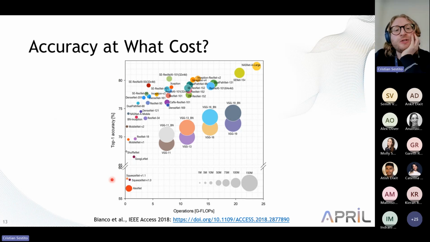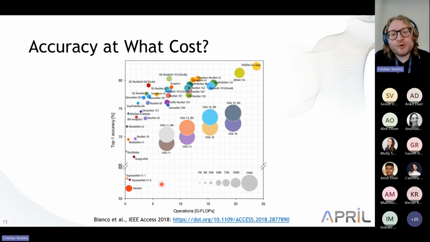In this picture, we collect many representative convolutional neural networks, and we consider as metrics the accuracy, the number of computations in terms of FLOPs, so floating point operations, and the size of the convolutional neural network in terms of weights, parameters. In particular, the size is dictated by the size of the bubble.